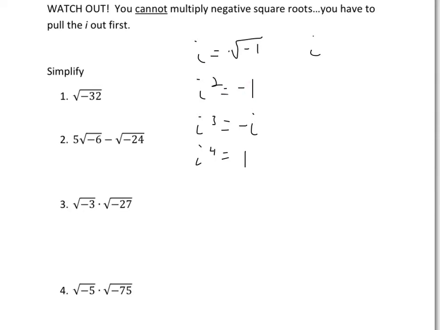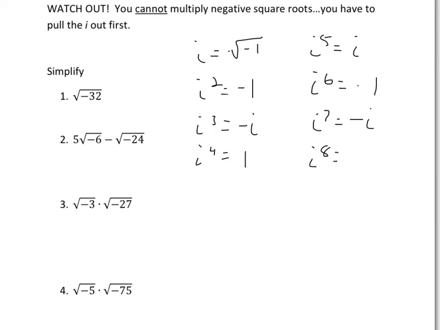Now if we continue this on to bigger exponents, we're going to notice a little pattern here. i to the fifth is i to the fourth times i, which is 1 times i, which is just i. i to the sixth is i to the fourth times i squared, so 1 times -1 gives us -1. i to the seventh is i to the fourth times i cubed, which is 1 times -i.